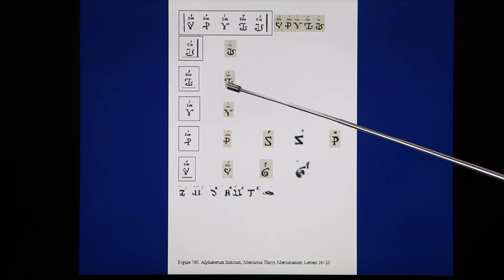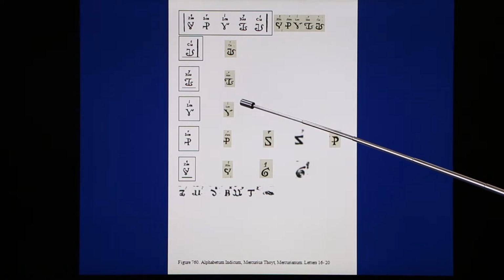Yes, and this letter we saw the other day in Tibetan.